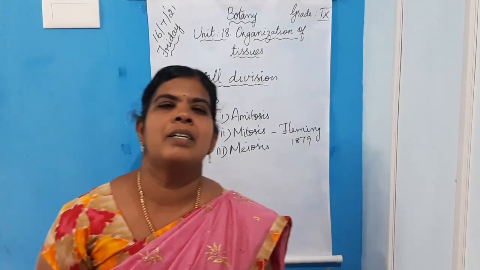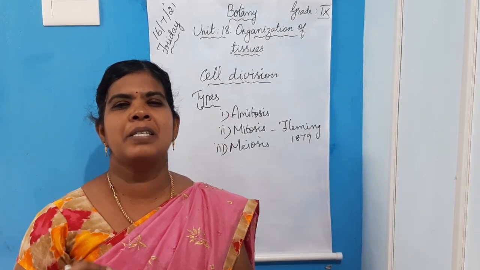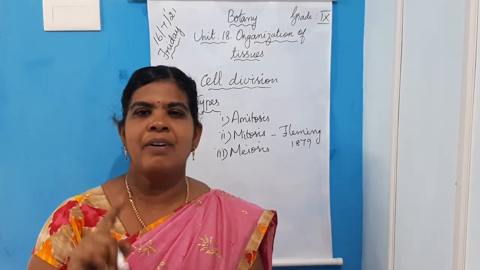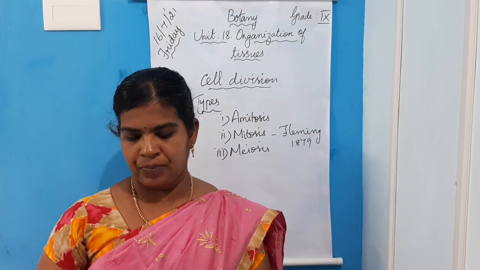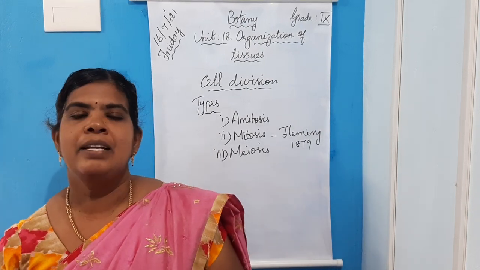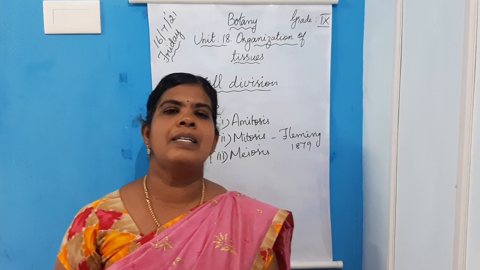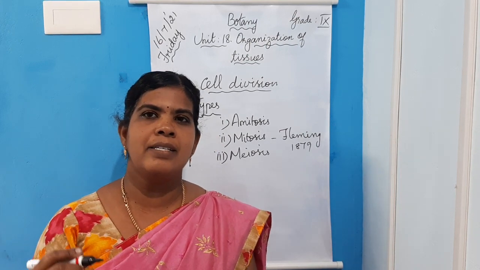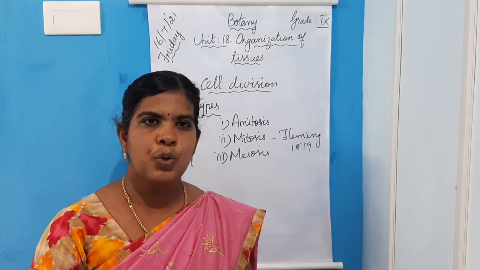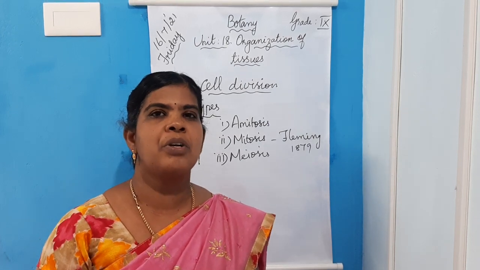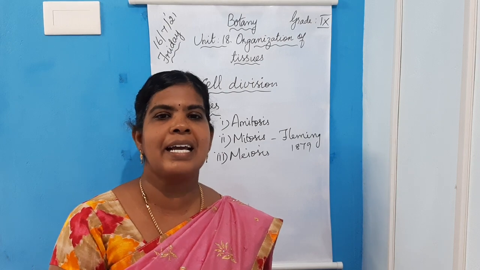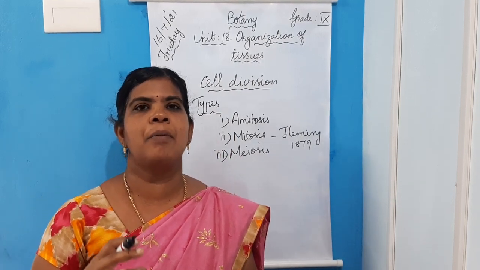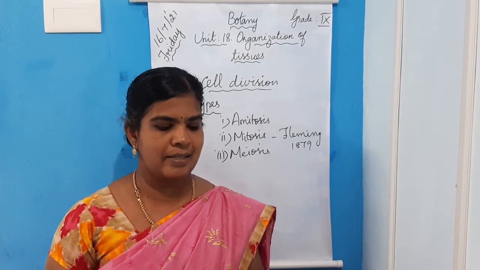In this type of cell division, one parent cell divides into two daughter cells, each having a nucleus with the same amount of DNA, that is nucleic acid. The chromosomes and genes are the same amount as present in the parent cell.